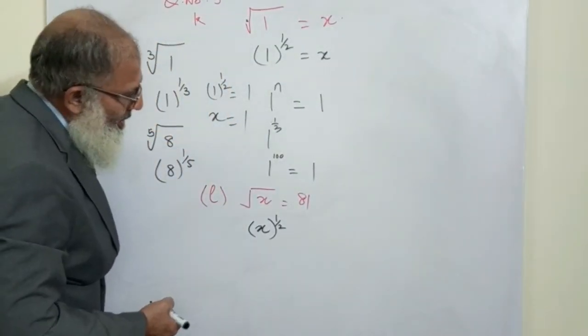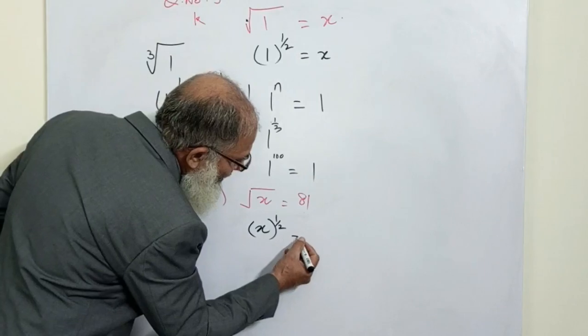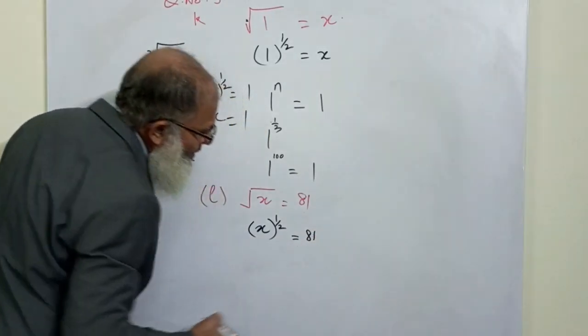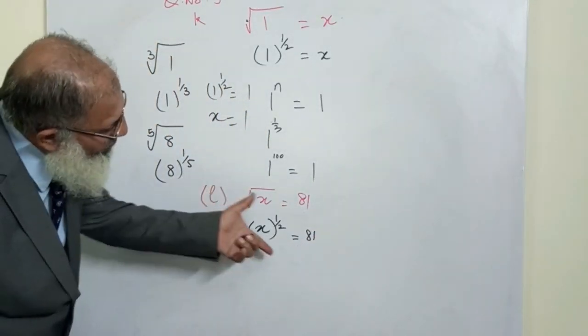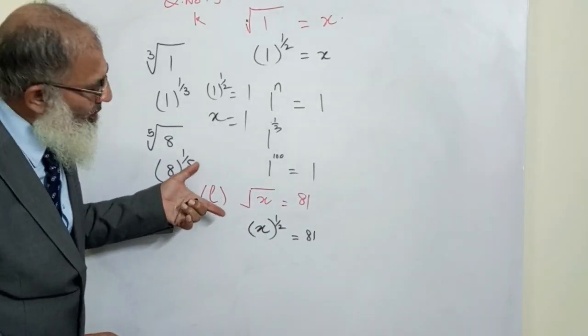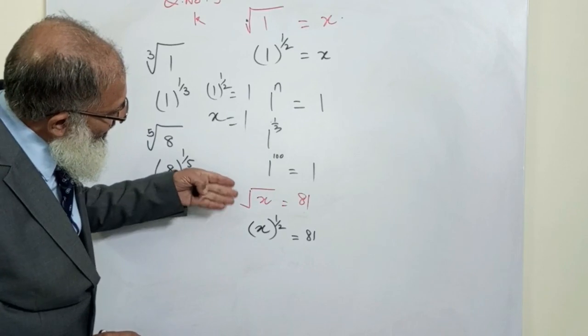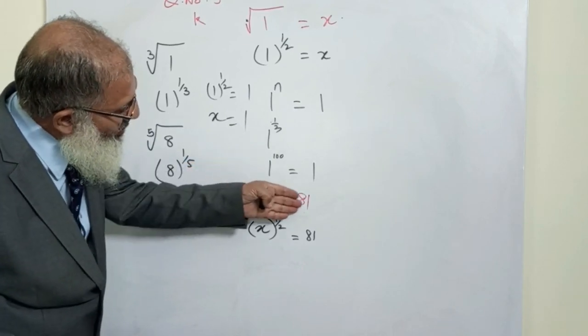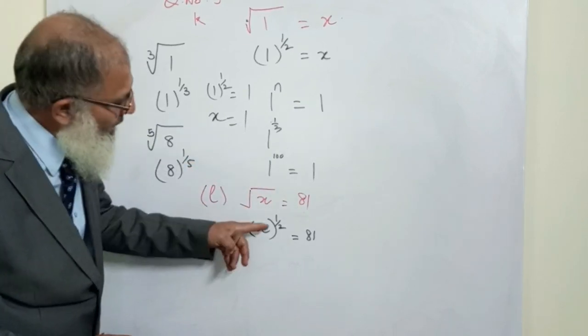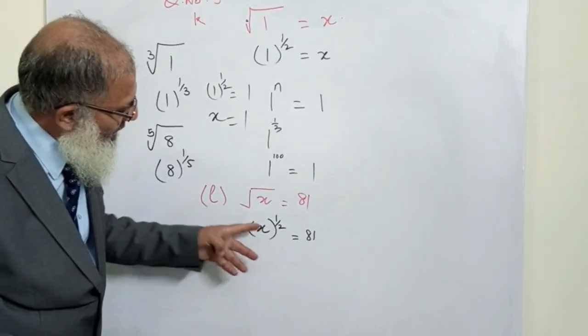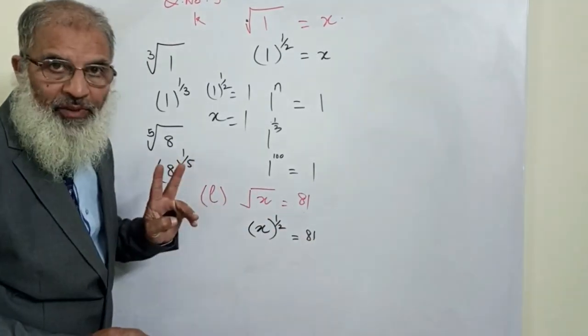Now x raised to power half is equal to 81. Now these two statements are alike, same, equal. Under root x is equal to 81. Here also it is written in numerical form.